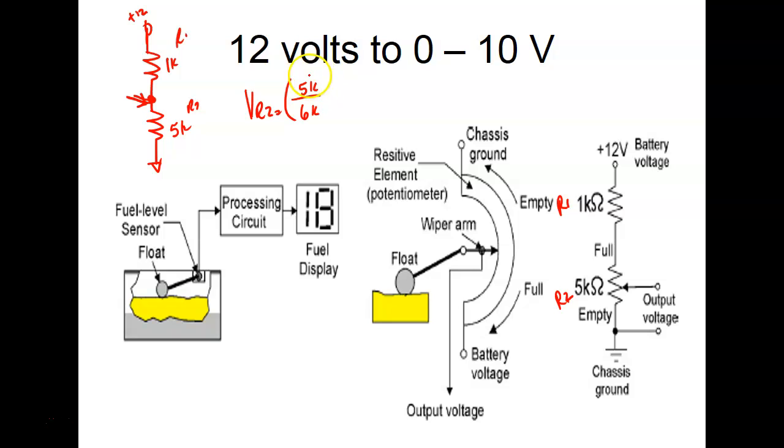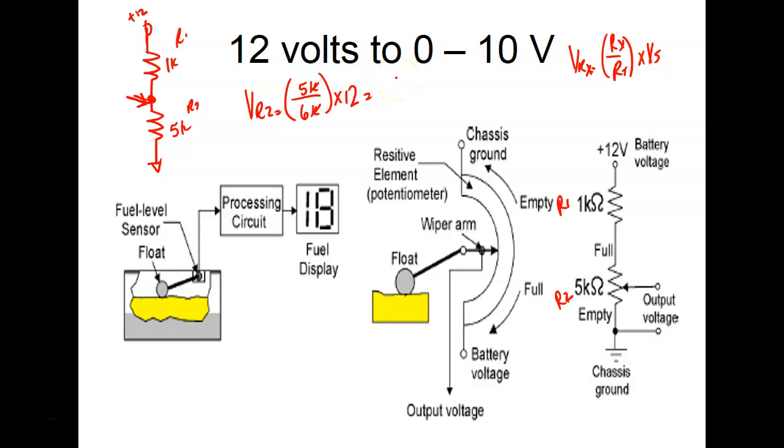The formula is VRX equals RX over RT times VS. So I know right off the bat that the Ks are going to cancel, you understand? They're on the top and the bottom. Right off the bat, I know I'm going to have 5/6 of the voltage down there, and then I multiply this times 12.